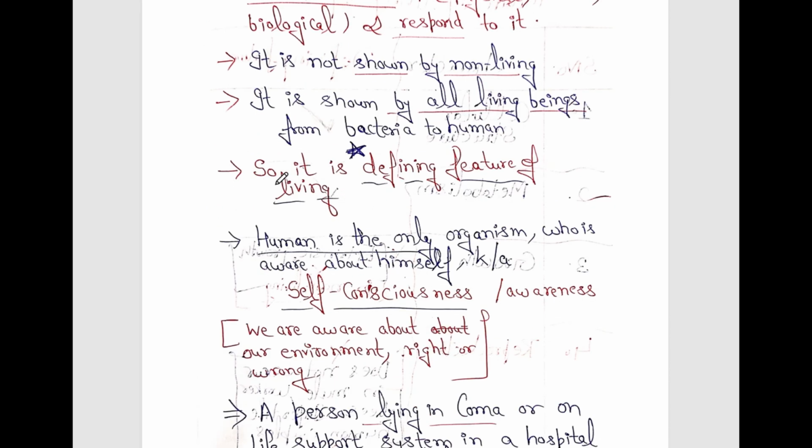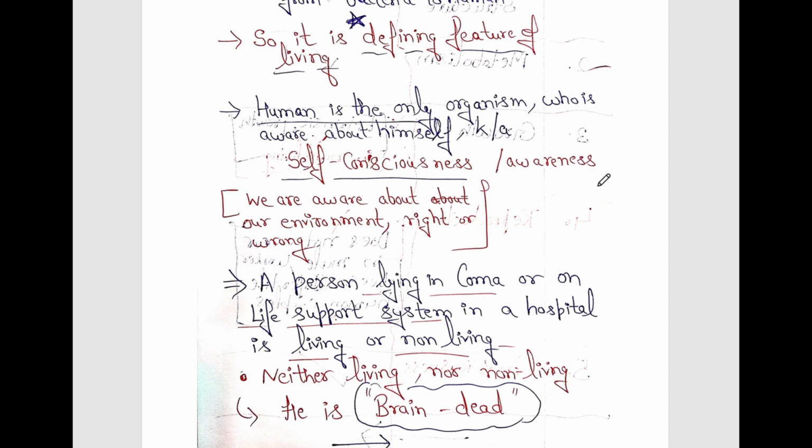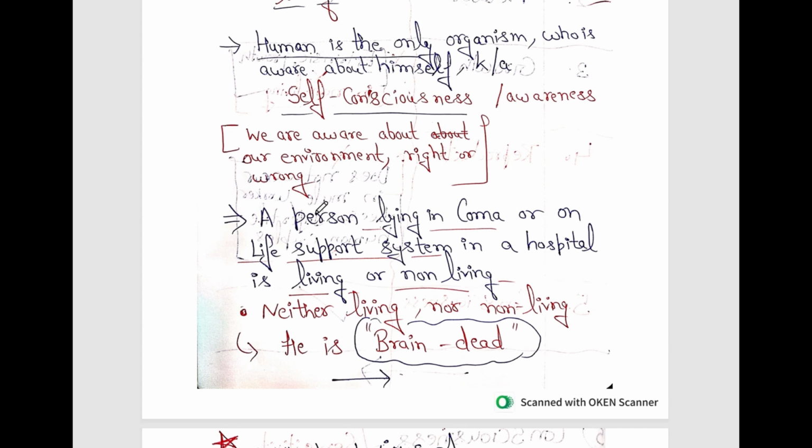You can see, it is shown by all living beings from bacteria to human. It is the defining feature of living. Human is the only organism who is aware about himself, known as self-consciousness and awareness. There is an exception.